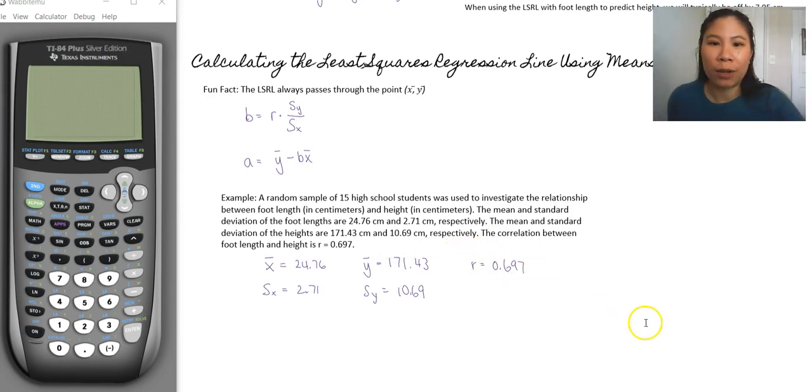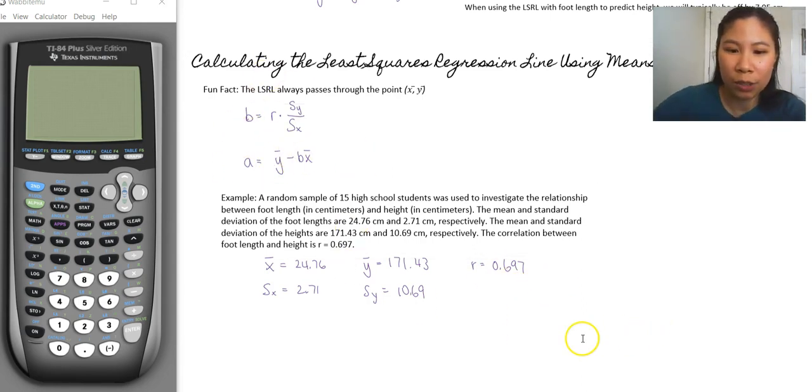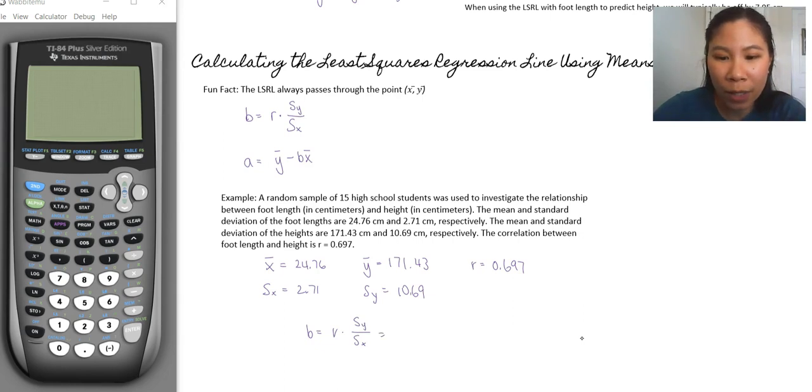Using this, we can figure out our least squares regression line equation by using the 2 formulas from above. To find b, we use r times the standard deviation of y over the standard deviation of x, so we have 0.697 from r times 10.69, divided by 2.71.